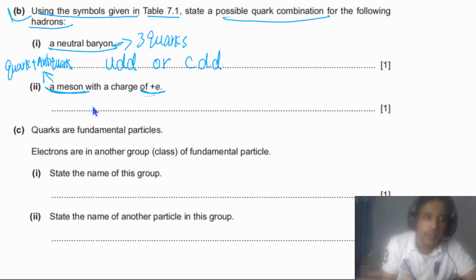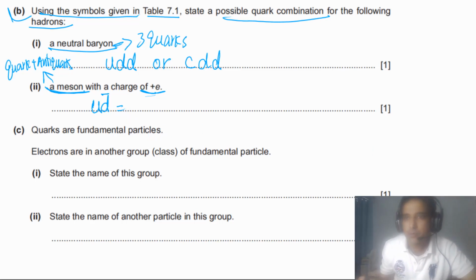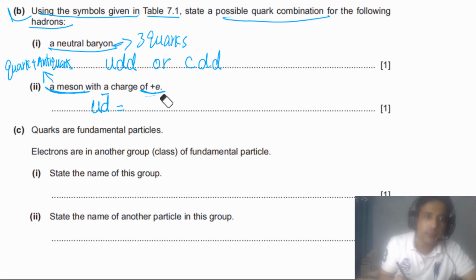So if we take, for example, one up quark, the charge on up quark is plus 2 by 3e. And now we need to add another quark, so it becomes 1. So if we add one down antiquark, we will have charge that is equal to plus E. So let me clear this one and let me write down for you.